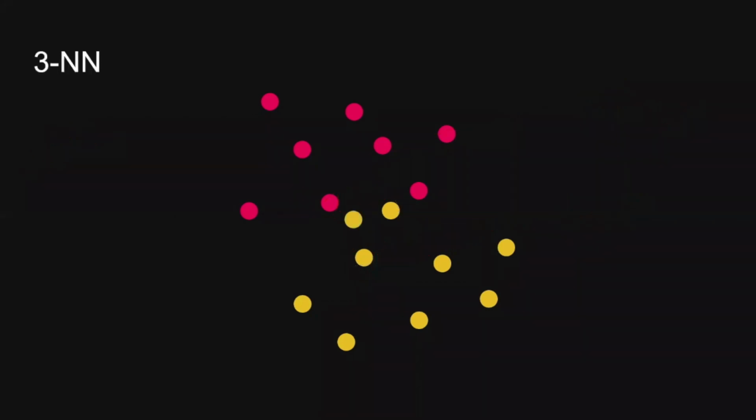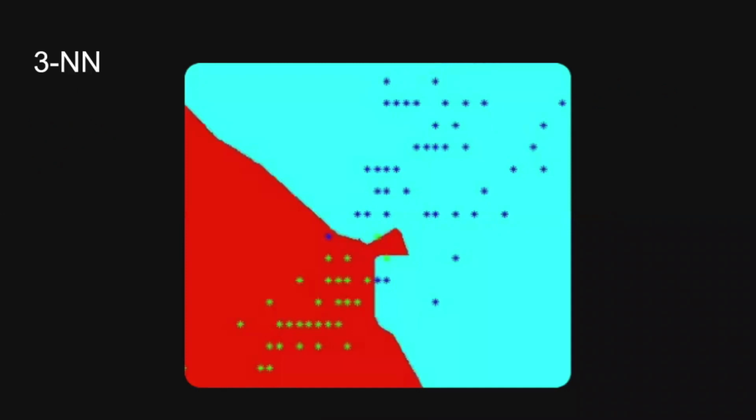Here's another illustration of a KNN classifier in the context of classifying iris versicolor, iris setosa, and iris virginica. As you can see, the 3NN classifier has a decision boundary that looks a little bit funny like this.